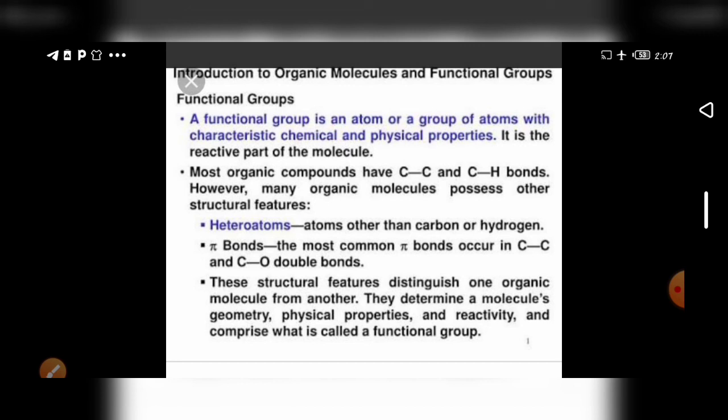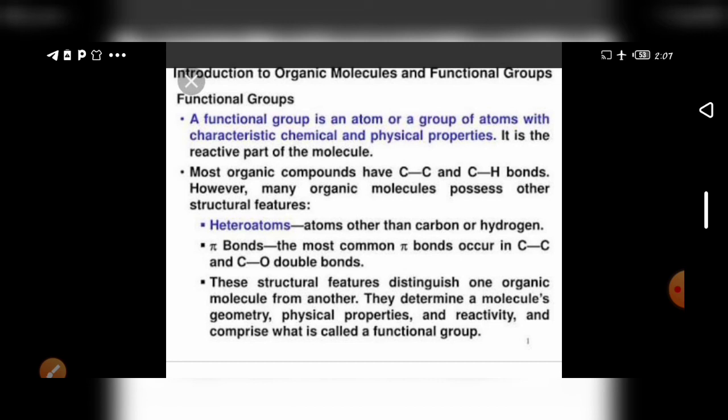However, many organic molecules possess other structural features also, that is C=C double bond, C≡C triple bond and C=O double bond. These structural features distinguish one organic molecule from another. They determine molecular geometry, physical properties and reactivity, and are called functional groups.